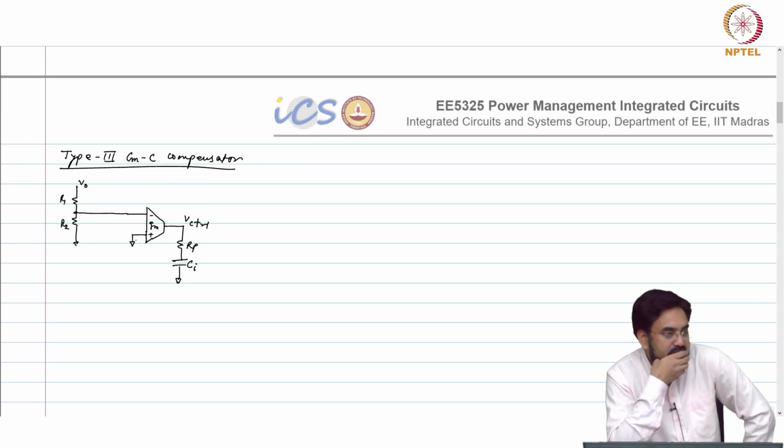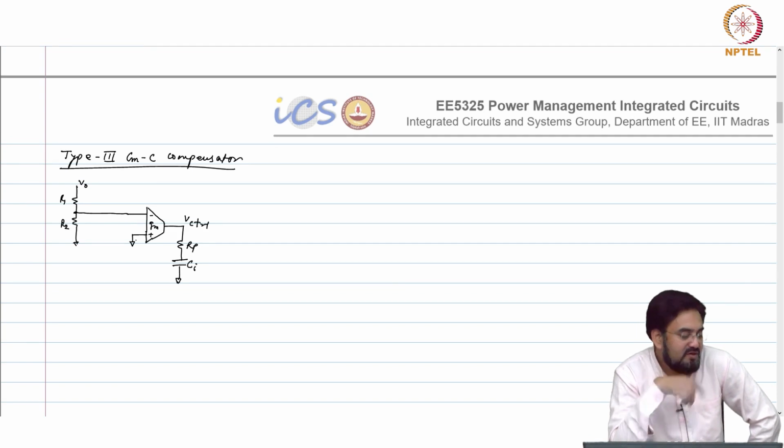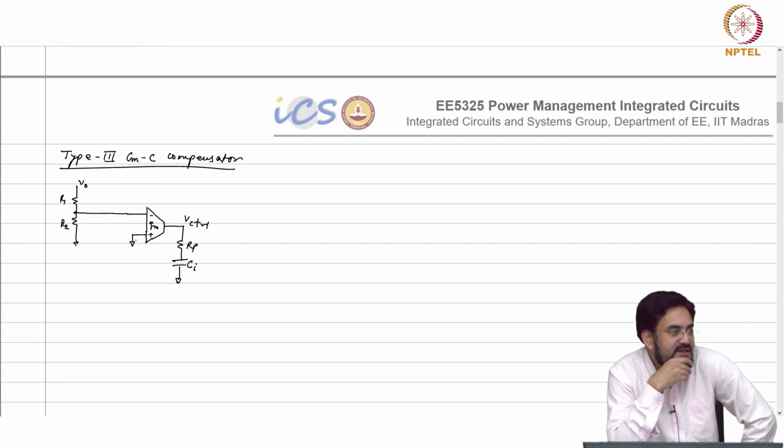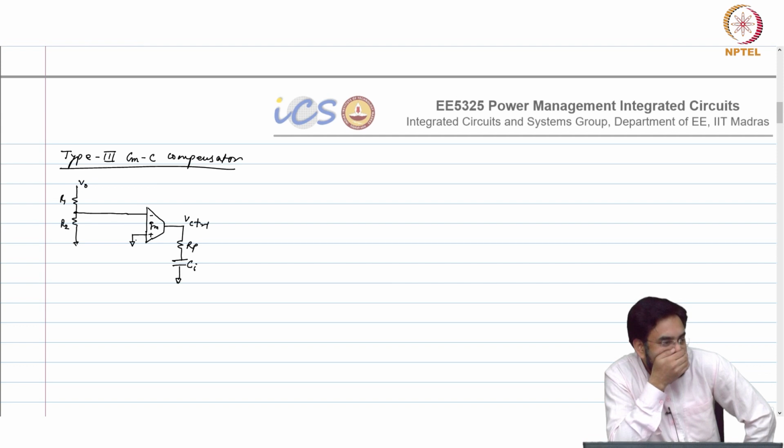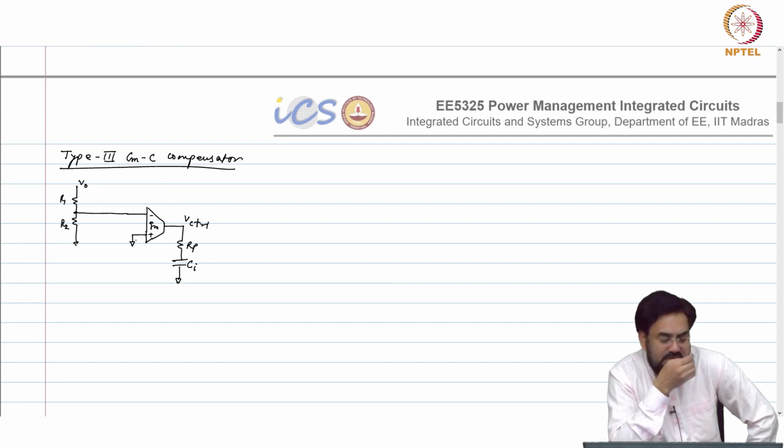So now, in order to convert this to type 3, what do I need? What do I need? Second 0. How can I add second 0 here? Can I do it by simply adding one cap?